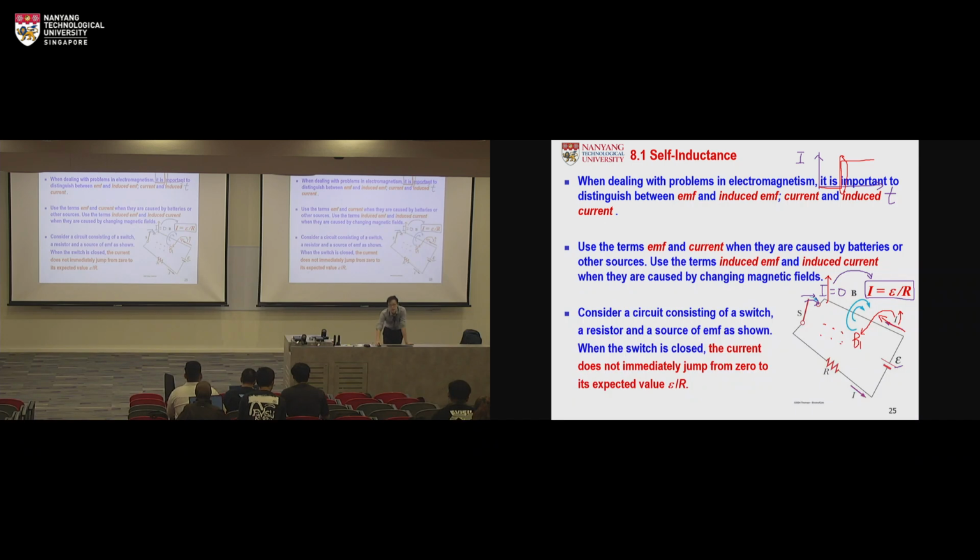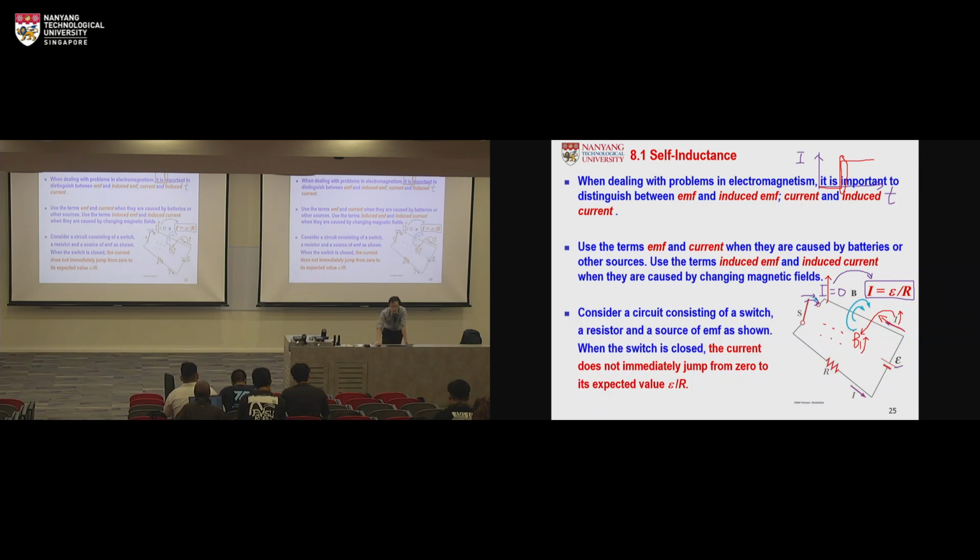At the same time, we know this I must increase, so this B1 is also going to increase. So basically you have a magnetic flux pointing out of the page and increasing. It's not a constant B.